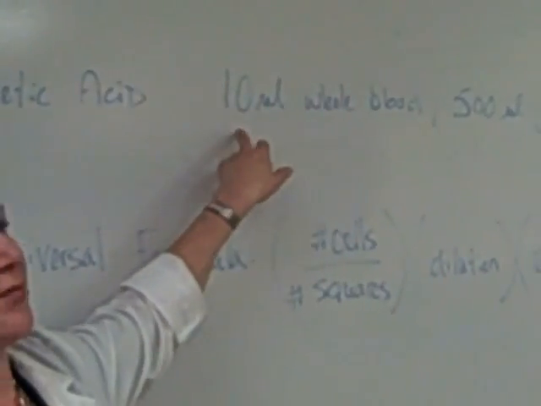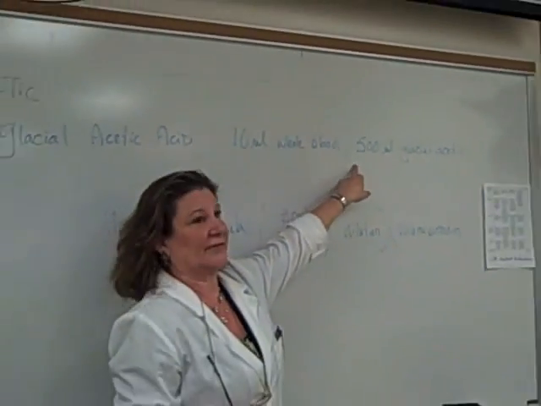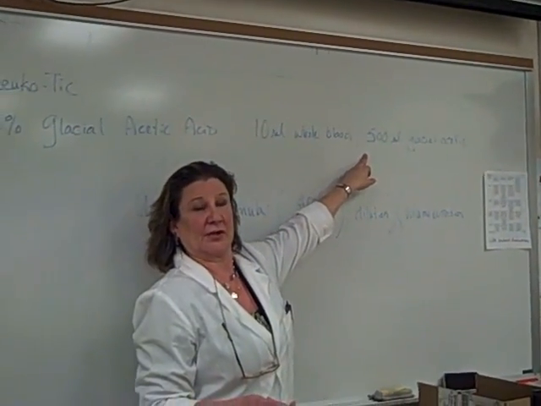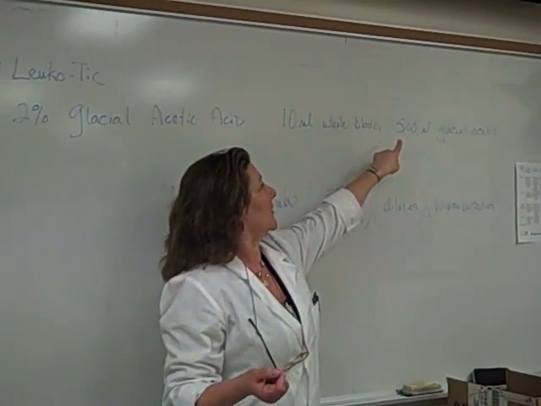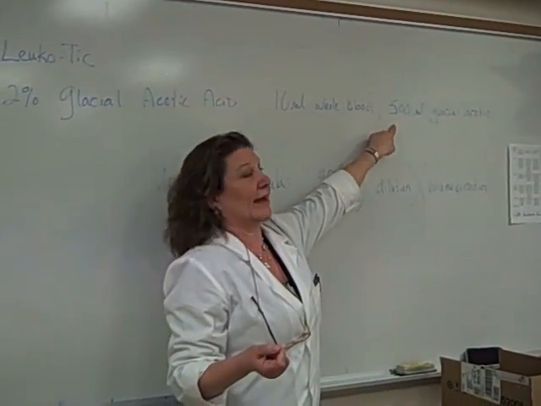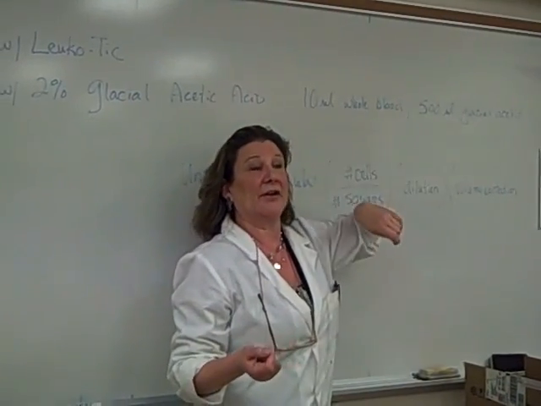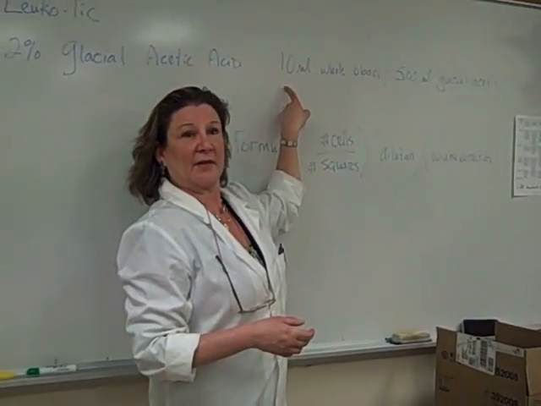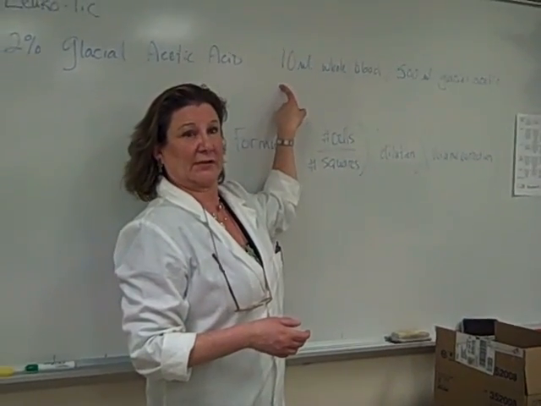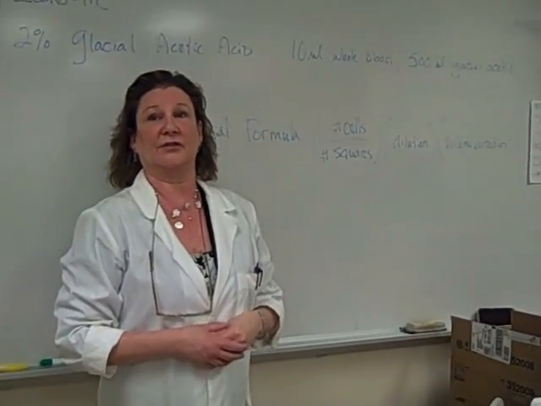Okay, that's my ratio, 10 to 500, but that's not my dilution. If you want to figure out your dilution, you add those two together. So it'd be 510 microliters and divide by the amount of specimen you used. And that's how I got my 1 to 50 dilution.